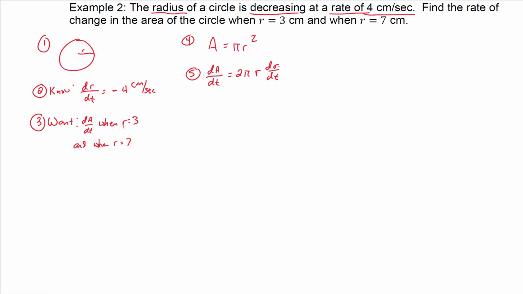All right, and then the last step, plug in everything that we know and find out what we want. So find our answer, basically. We're going to do this in two different pieces because we have two different things we want to know. So let's start when r equals 3. We want dA/dt.